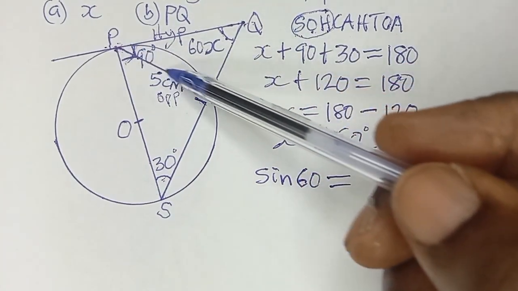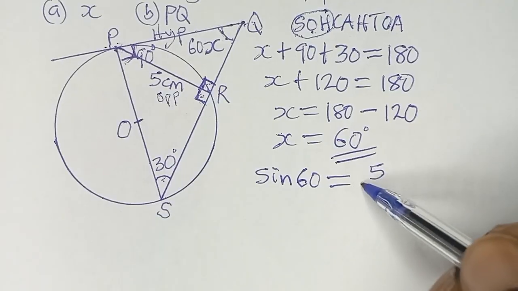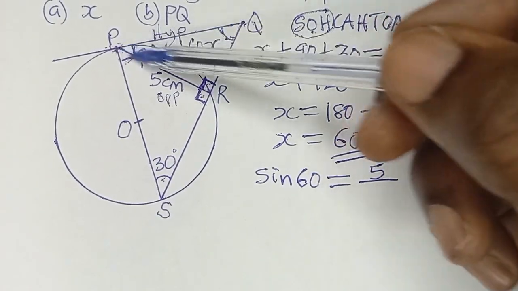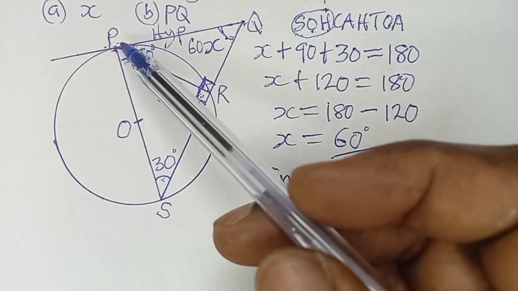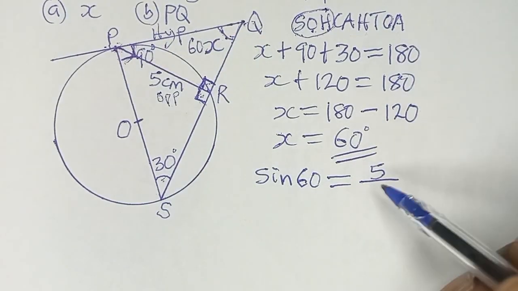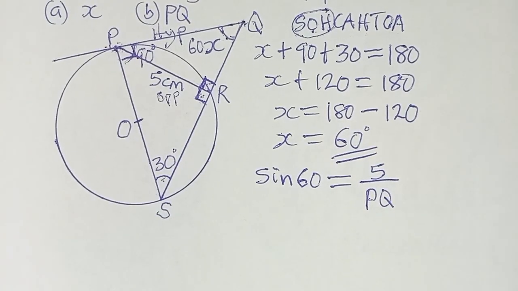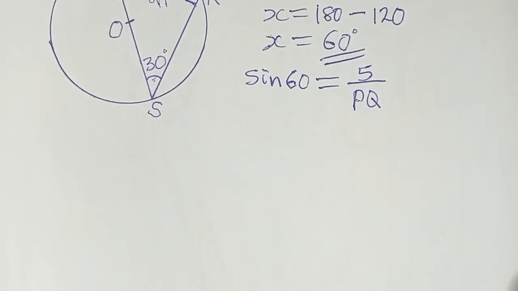The opposite side is 5, the side that is opposite the given angle. So 5 divided by the hypotenuse side, which is the side that we are looking for, PQ. So we can solve this equation now and get the value of the side PQ.